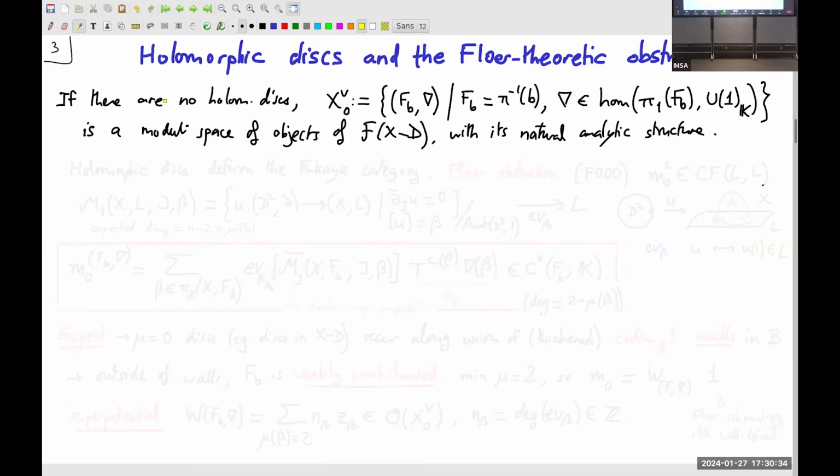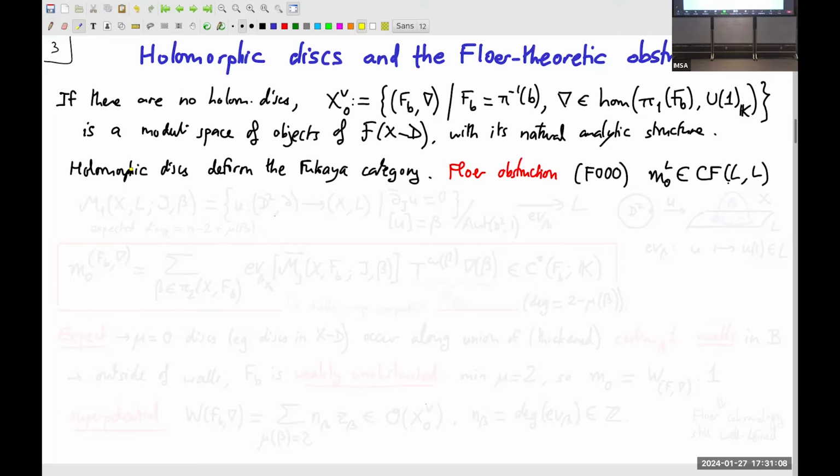So if there are no holomorphic disks in sight and maybe no singularities or anything, then this space of pairs consisting of smooth fibers of pi and local systems with its analytic structure is a good moduli space of objects of the Fukaya category of X minus D supported on the fibers. And with this analytic structure that we have, Floer theory seems to depend nicely on the point of the mirror.